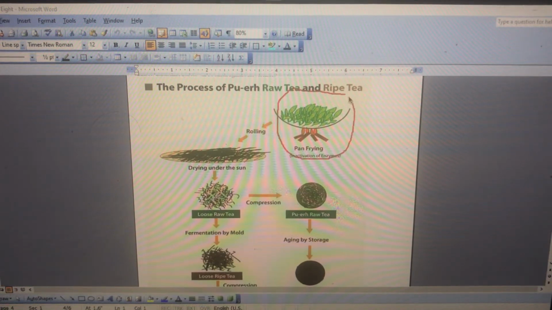When you want to prepare roti, you start from this stage, right? After pan frying, you go to rolling. It is your second stage. After rolling, you go to drying under the sun. This is your third stage. After this, you go to compression, and this is converting into just roti.